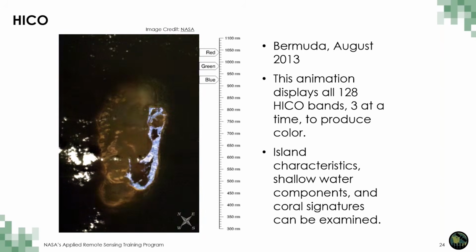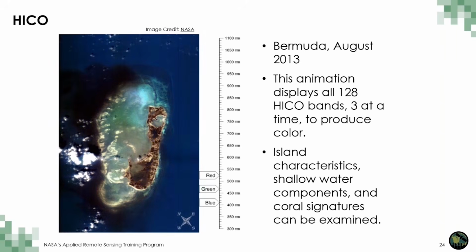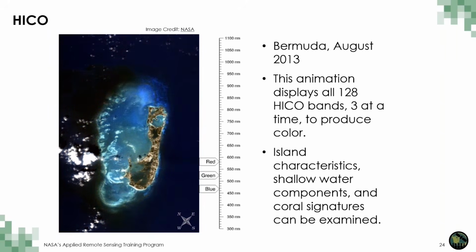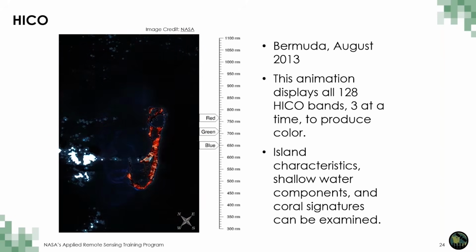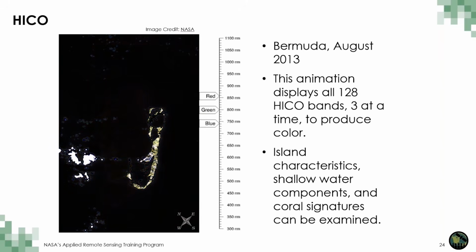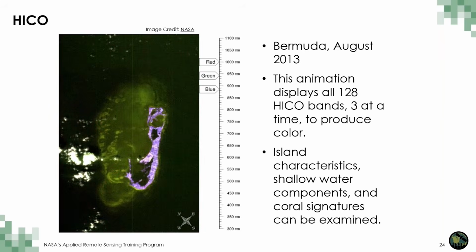This animation is a series of images collected over Bermuda on August 17, 2013, and it cycles through all 128 HICO channels, displaying 3 at any particular time. The sliders on the right show which channels, represented by their central wavelengths in nanometers, were used for the red, green, and blue components of each frame of the animation.